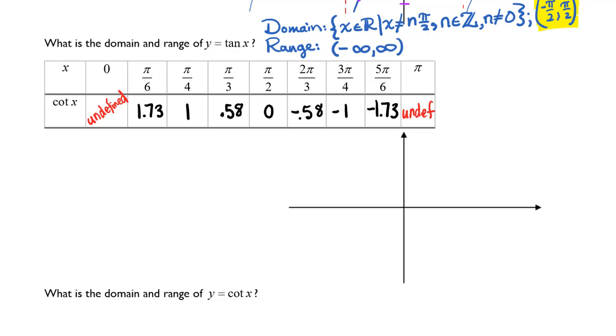I can see from my table of values that my vertical asymptotes are at 0 and at pi. Then I can fill in all the other values.